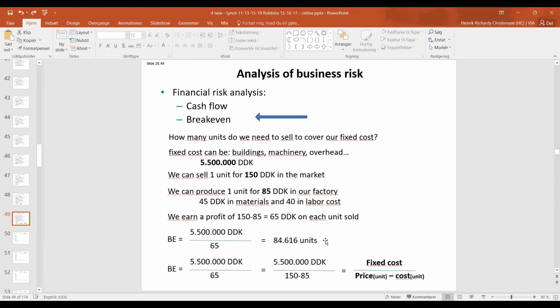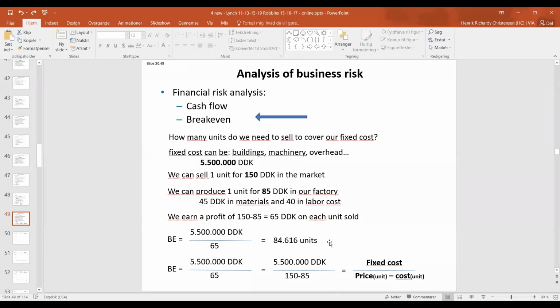But what if our investigation of the German market has shown us that the whole market consists of 1 million units a year? That means that in order for us just to cover our fixed cost, we would have to have a market share of about 8.5%.